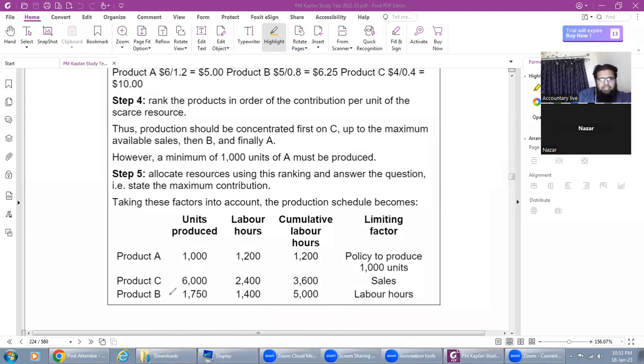I think you can just calculate this 1,750. Yes, this is the balancing figure. Moving forward.